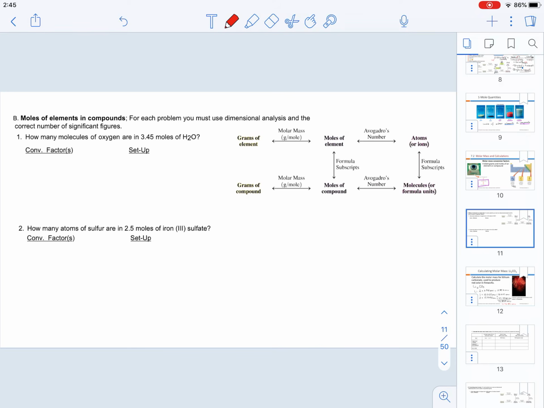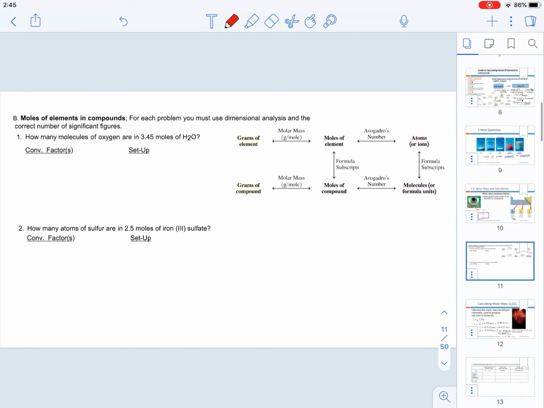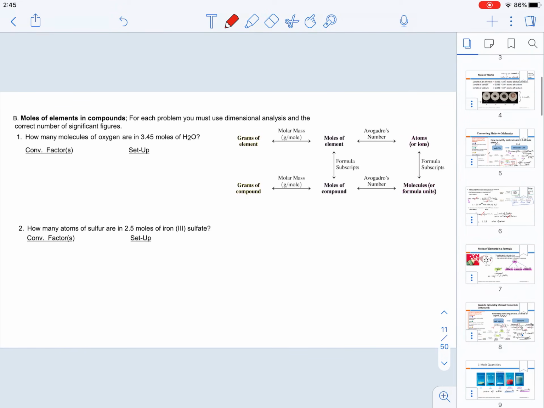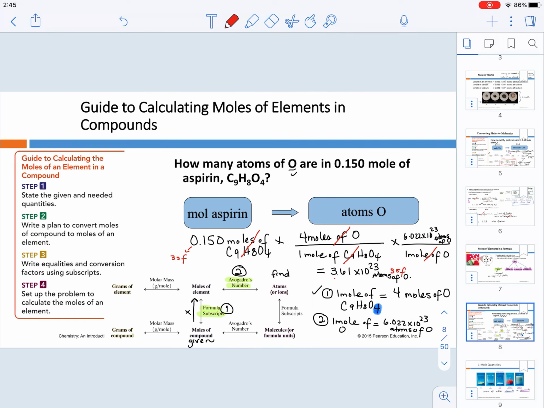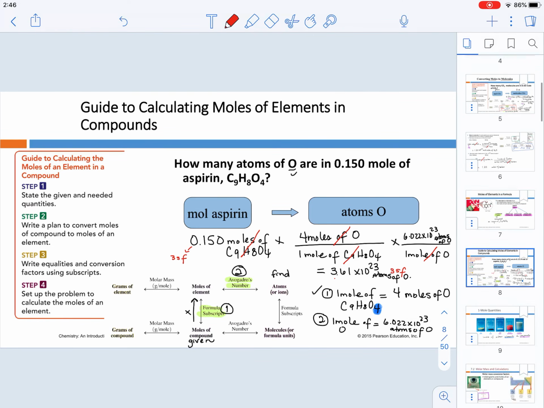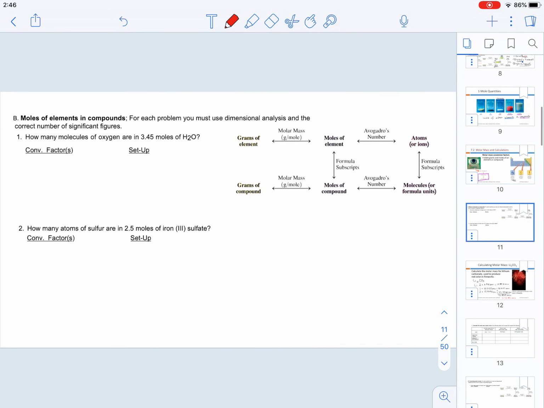Again, this is where we go from what I explained a few moments ago, given the moles of a compound, going to atoms of an element. Part B says, how many molecules of oxygen are in 3.45 moles of water.